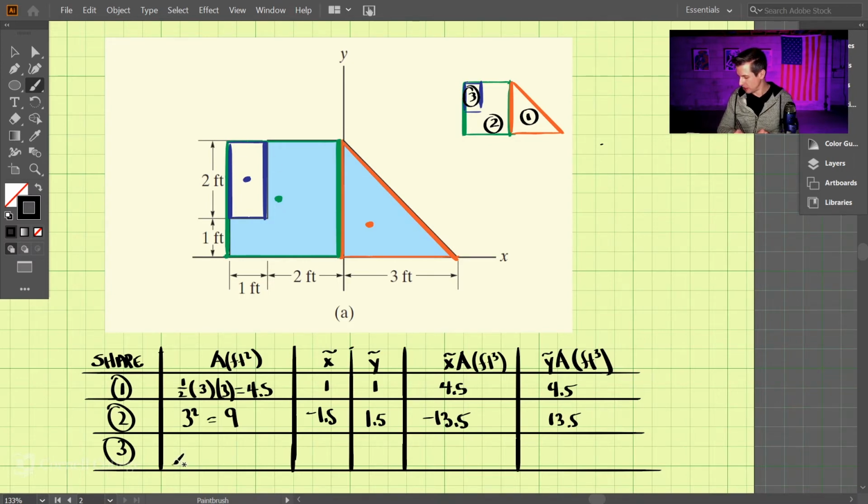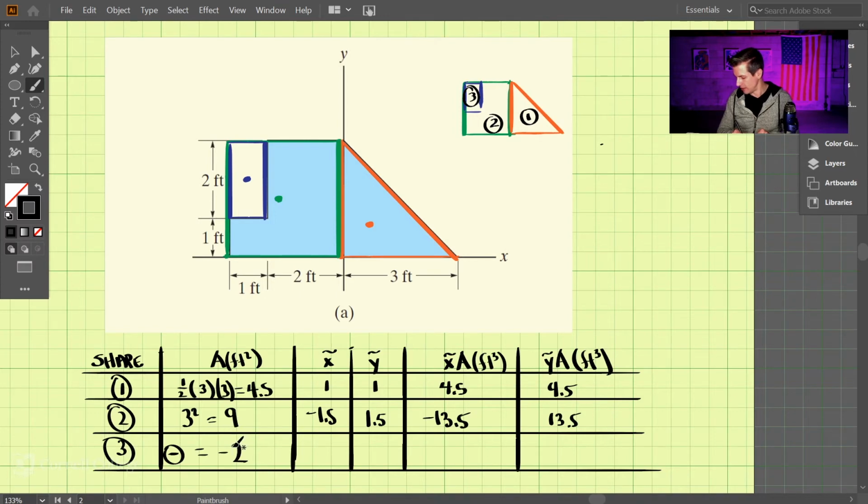Okay, and the last one, we need to make sure that we're subtracting. So this has got to be a negative number. Don't forget the negative if you're subtracting areas here. What that comes out to be for this rectangle is 2 times 1, and that is 2. So let's put negative 2 there.